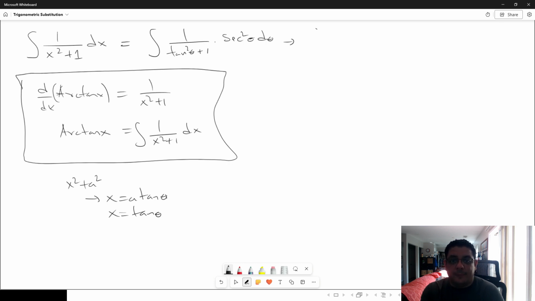And so again tangent square plus 1 is secant square as well. So this is going to give me secant square over secant square. And so that means that this integral is the integral of 1 d theta. And so pretty much this is just going to be theta plus c.